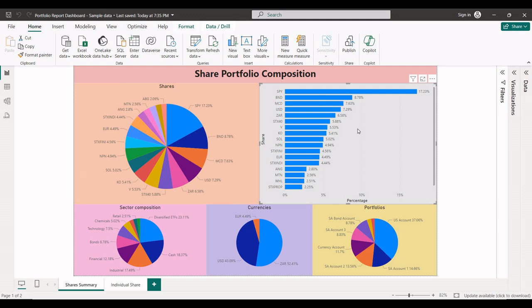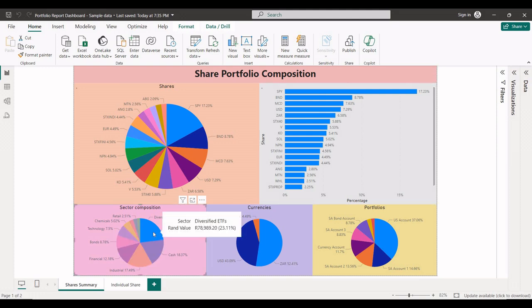However, the bottom 3 pie graphs, so the sector breakdown, the currencies breakdown, as well as the portfolios breakdown, those can be used to filter the shares breakdown, but also highlight, not filter, the horizontal bar graph. So an illustration of that, if we look at sector composition, we see diversified ETFs account for 23.11% of our whole portfolio.